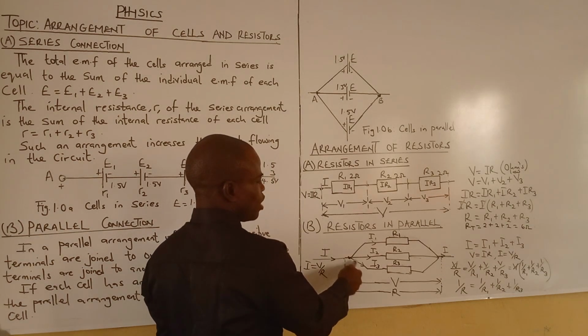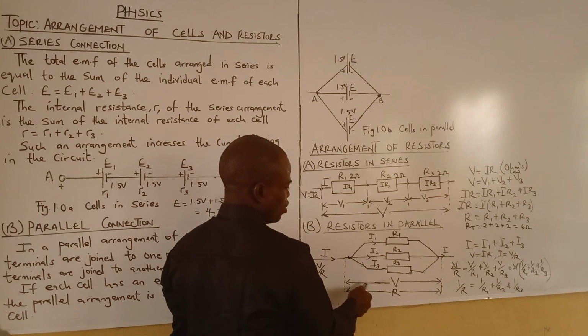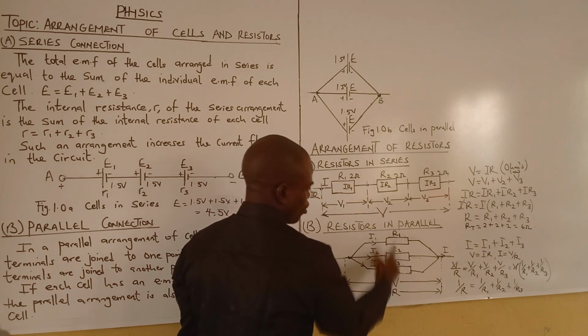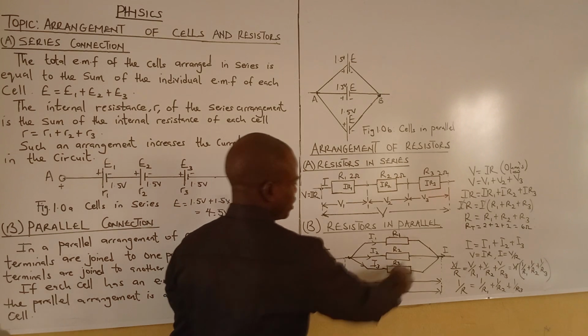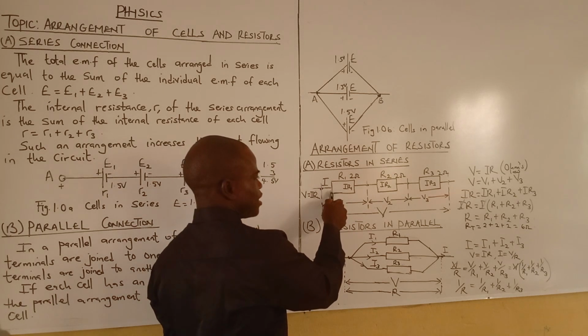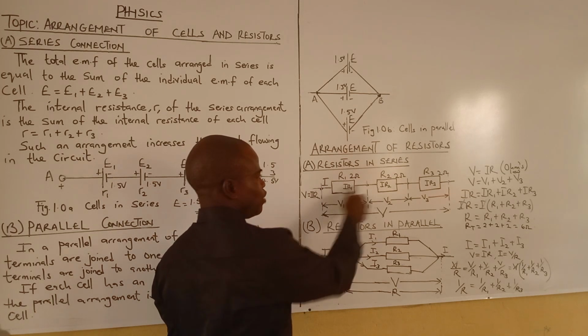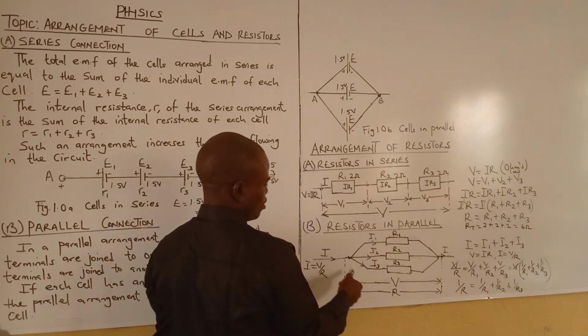Under parallel connection, we have different currents because it divides, but we have the same voltage across the connection because they are connected in parallel. Take note, under series connection, the same current flows but different voltage drops.